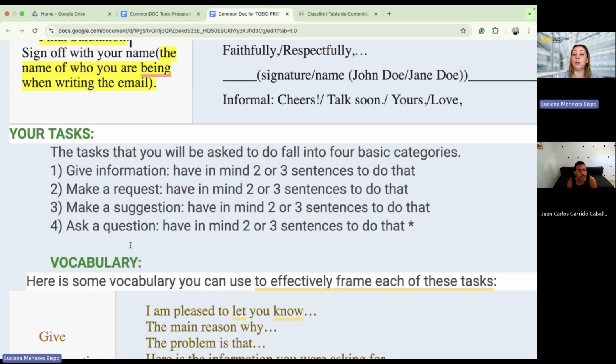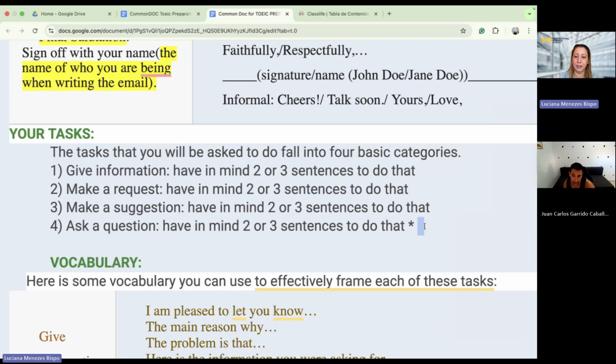Juan Carlos, how do you feel about reading and saying these sentences four times in a row? How do you feel after reading these four sentences?